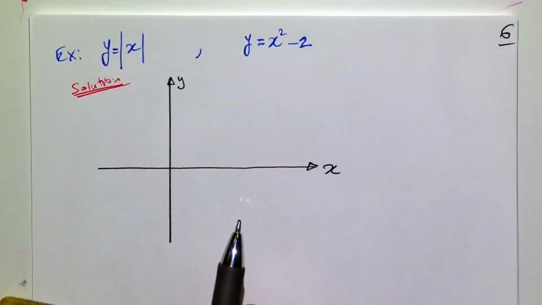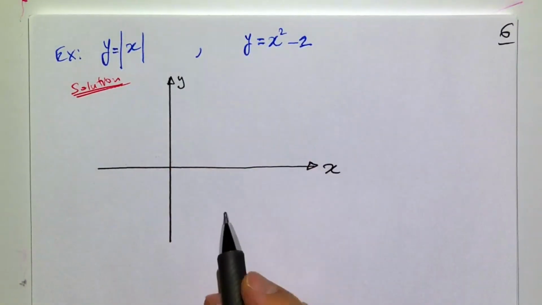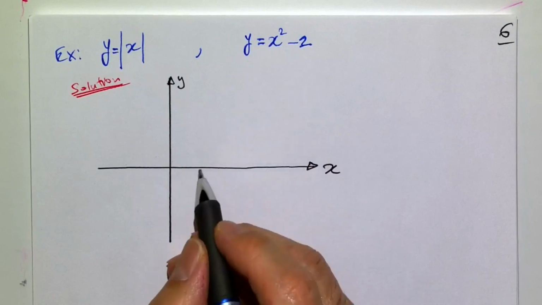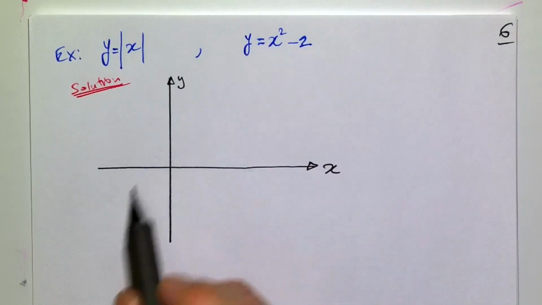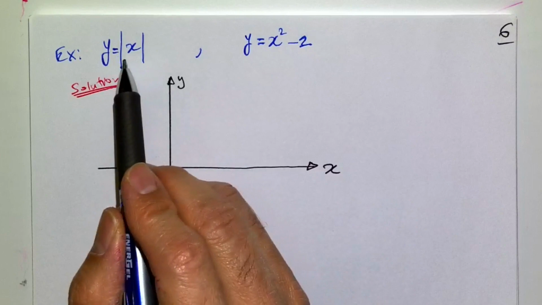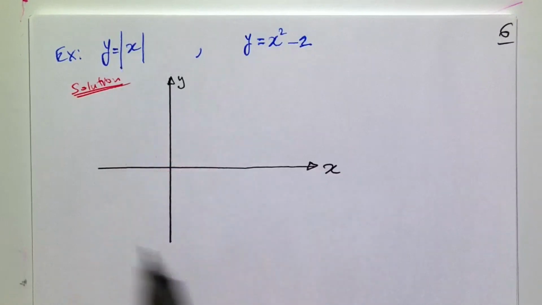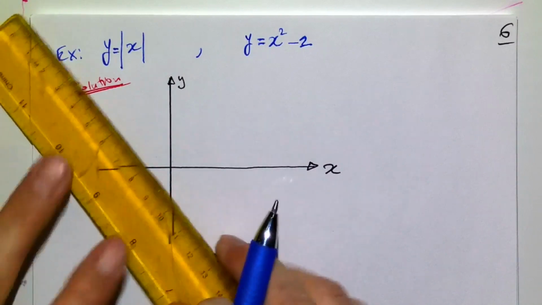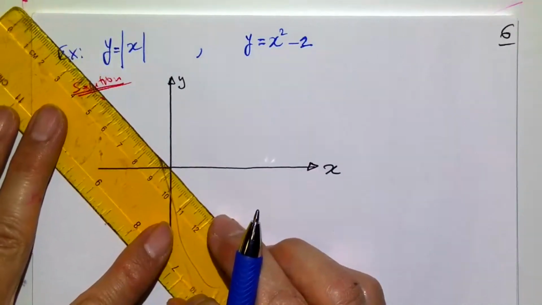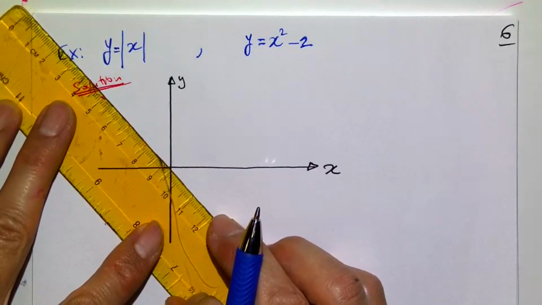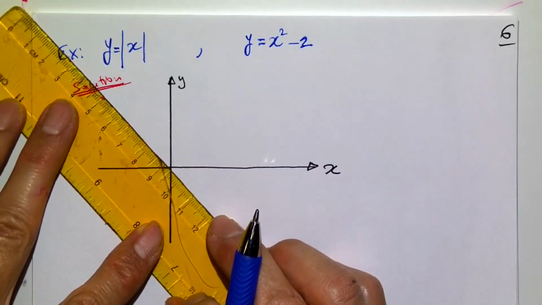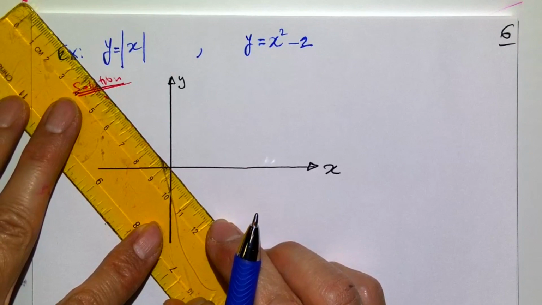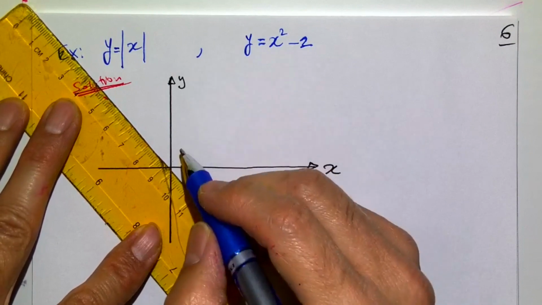We have y. And so let's increment this. Well, so the absolute value function, we know it looks like a V shape. So let's draw that. Like that.